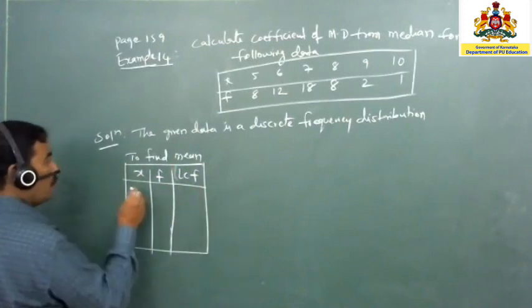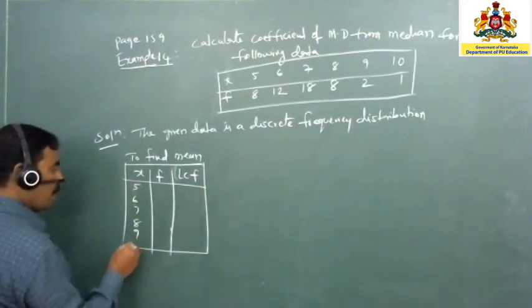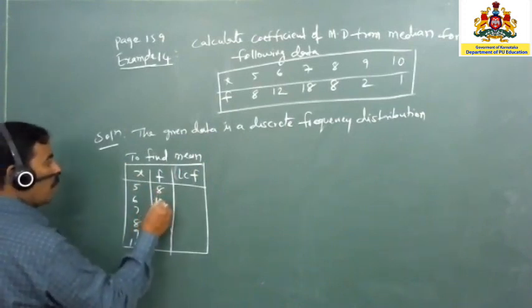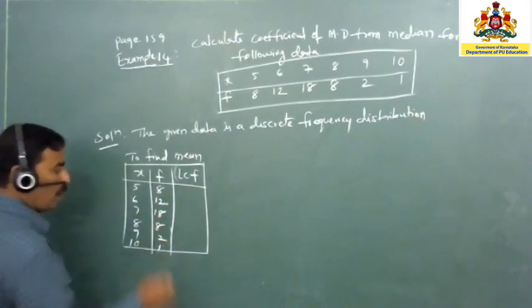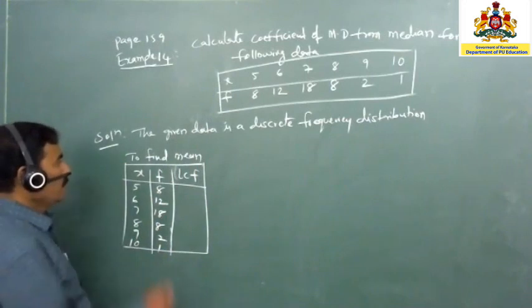X values 5, 6, 7, 8, 9, 10. F values 8, 12, 18, 8, 2, 1. Already you know how to find the LCF values.